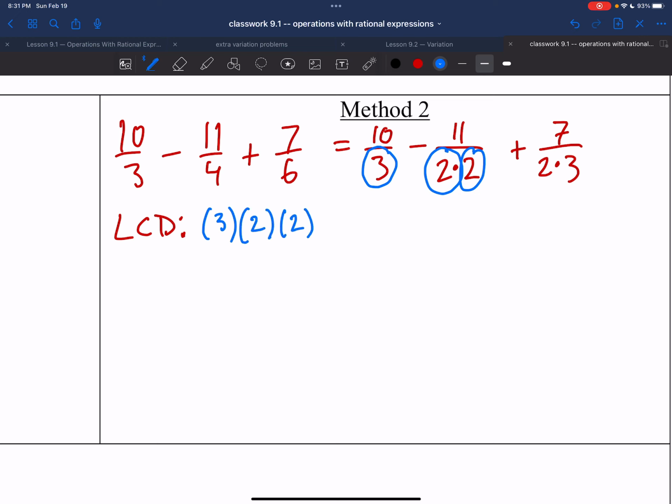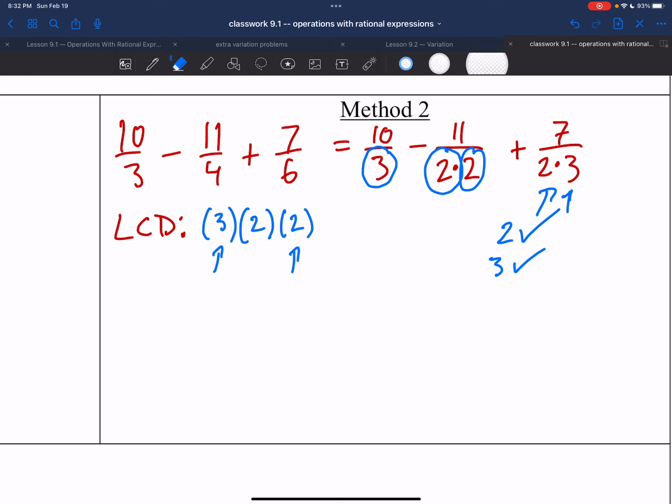times 2. And the reason I'm leaving this factorization is because when I go to the last one here, I already have a 2 in this LCD. And I already have a 3 in this LCD. So my least common denominator, its factorization, already contains the factors 2 and 3.